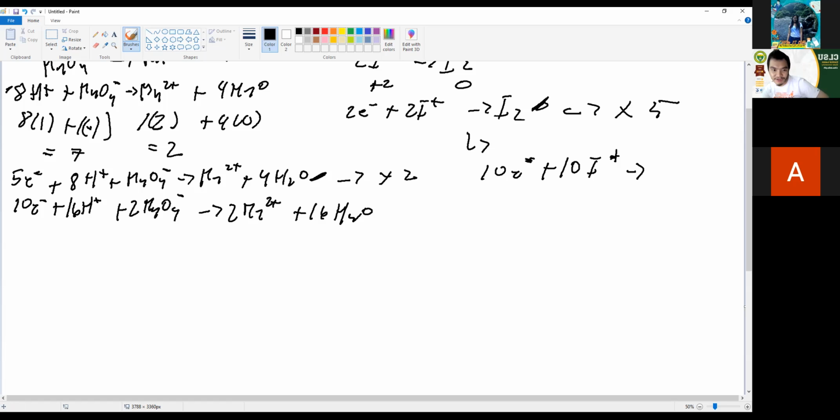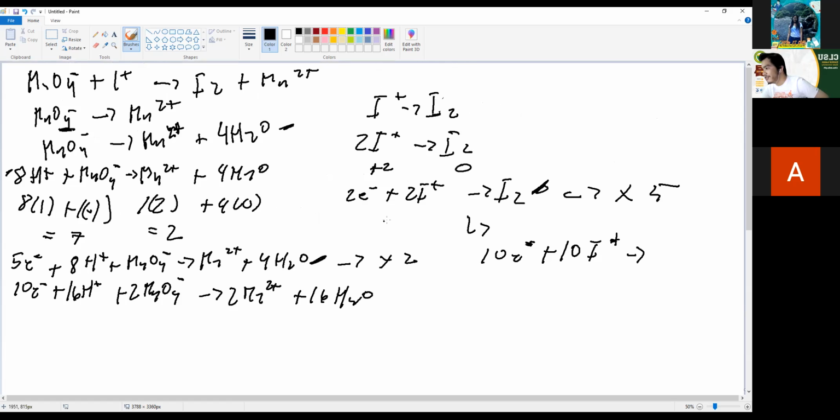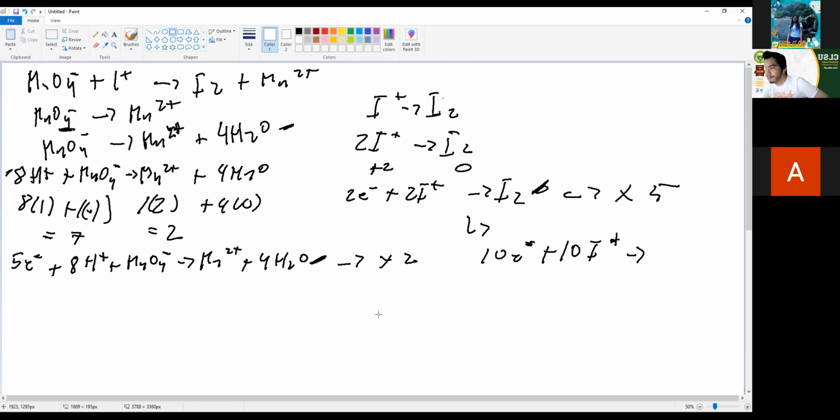Bakit positive yung nakalagay dito? Negative pala to, sorry. Kaya ulitin natin itong side na to. Sorry. Kaya pala nalito ako. Ulitin natin from... Tama naman yung manganese side. Ulitin lang natin yung iodine side.